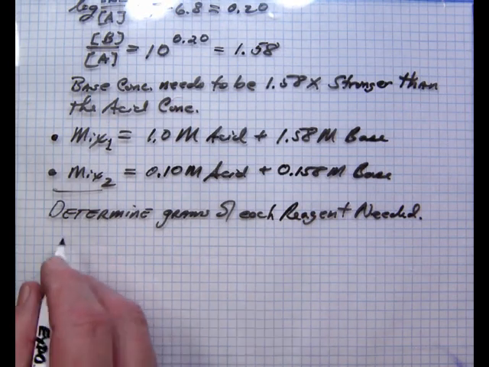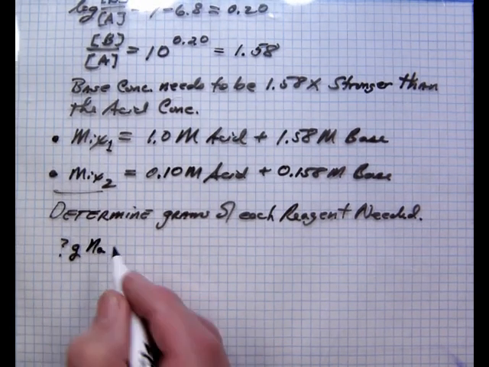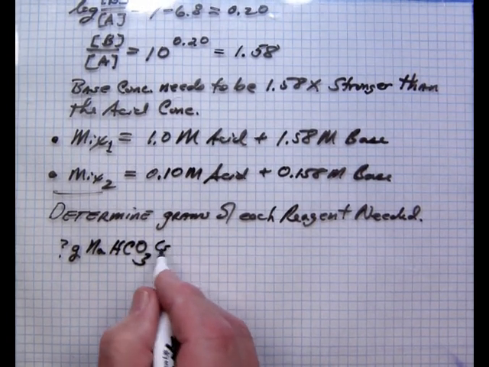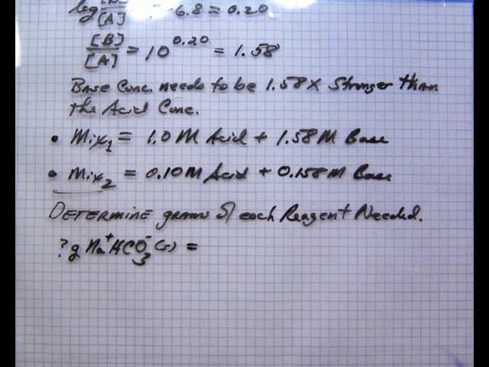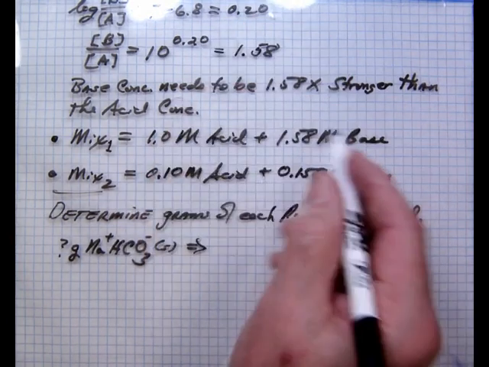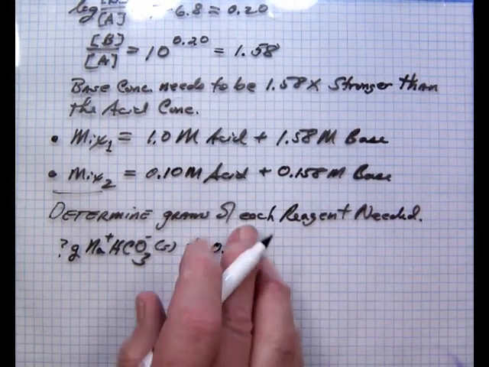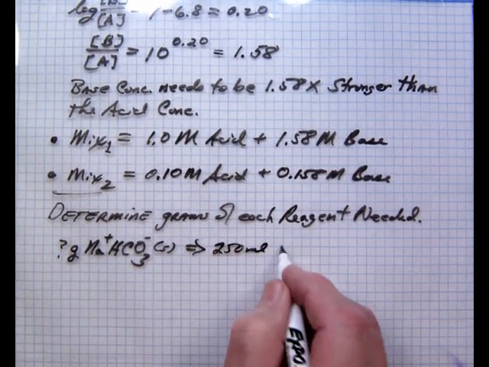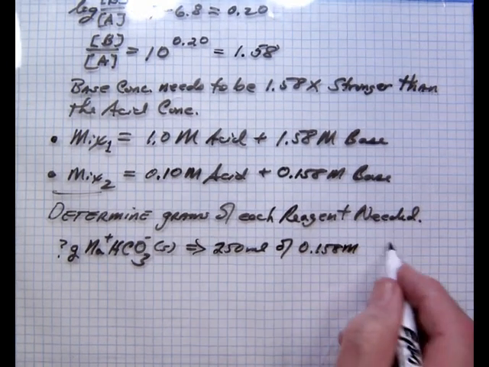And so how many grams of sodium HCO3 solid will we need to yield 250 milliliters of a 0.158 molar solution?